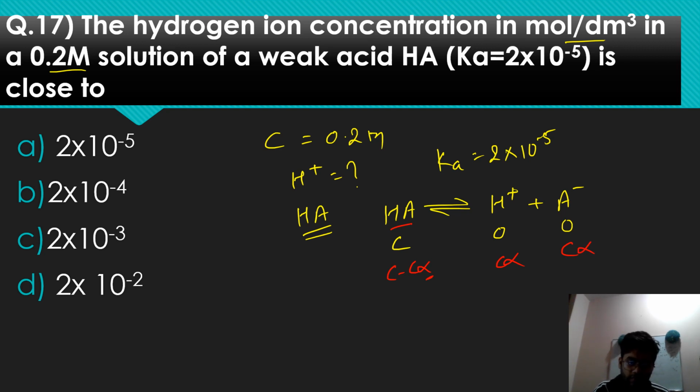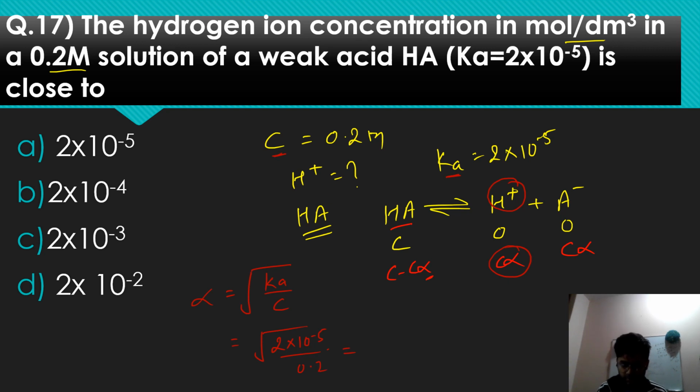Now we have to calculate the hydrogen ion concentration, that is C alpha. We know the value of C, but we don't know the value of alpha. So we have to calculate alpha by using Ostwald's dilution law. Alpha equals root under Ka by C, where Ka is 2 into 10 to the power minus 5 and C is 0.2.